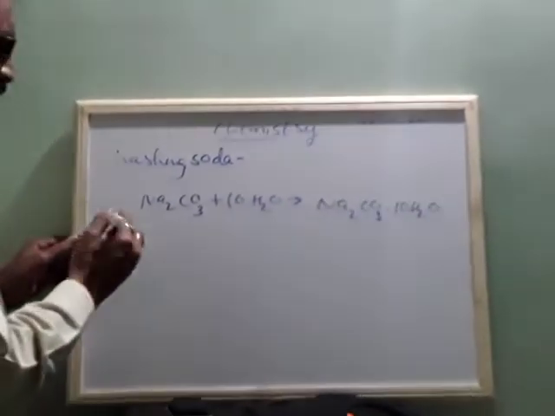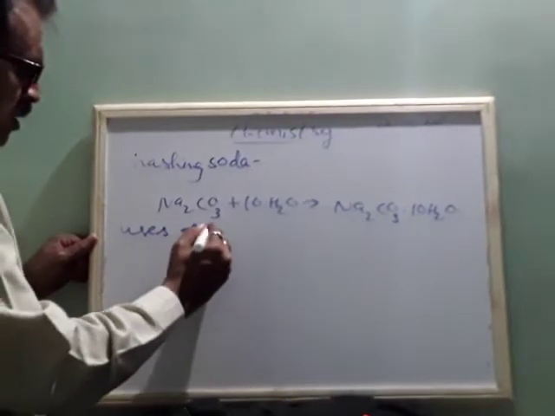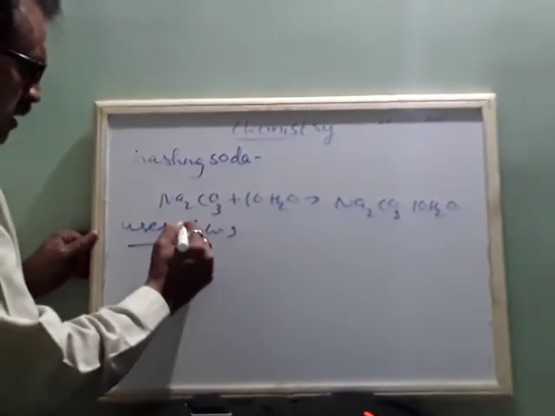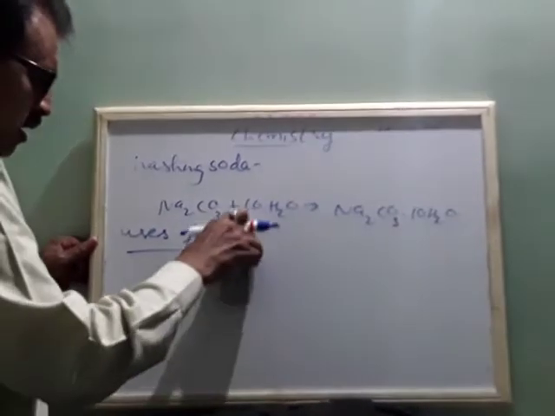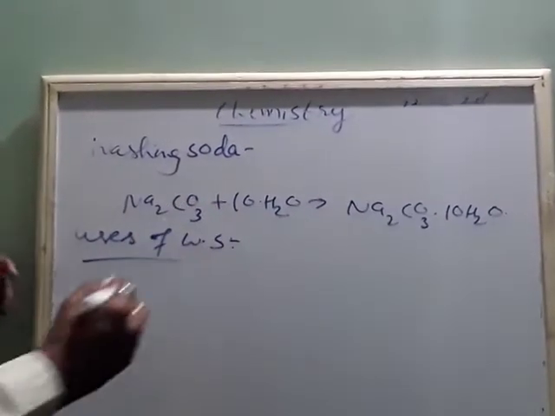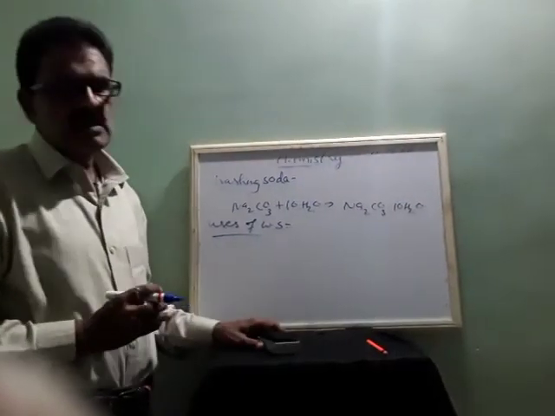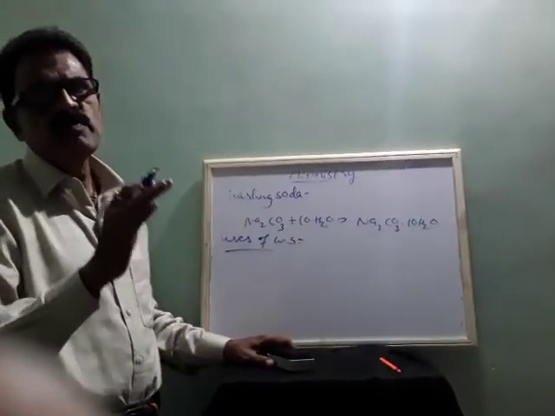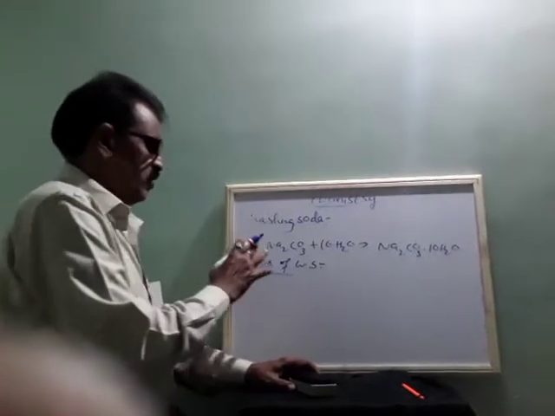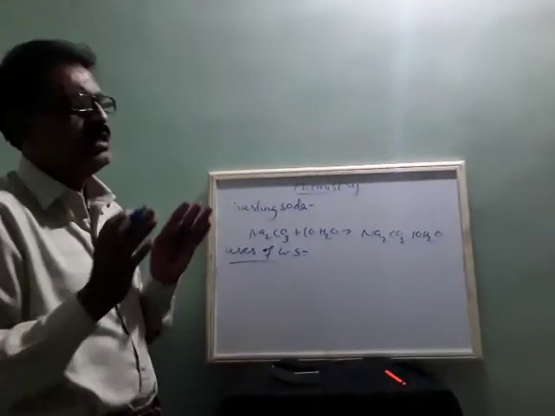Now we will try to find what are the uses of washing soda. Okay, see, due to its nature, we are using this in the glass industry, soap industry and paper industry. Mainly we use sodium carbonate and sodium bicarbonate in industries.